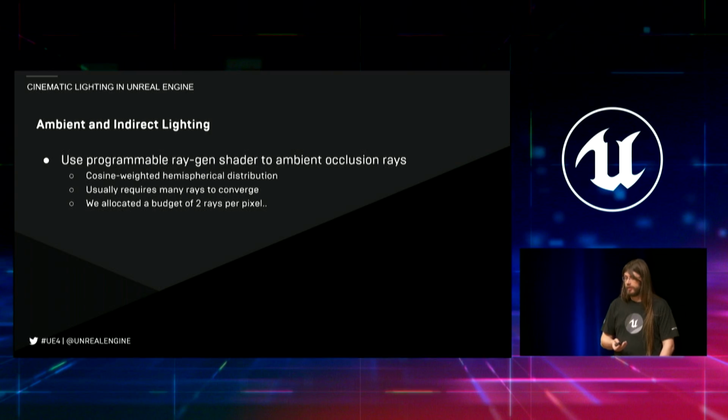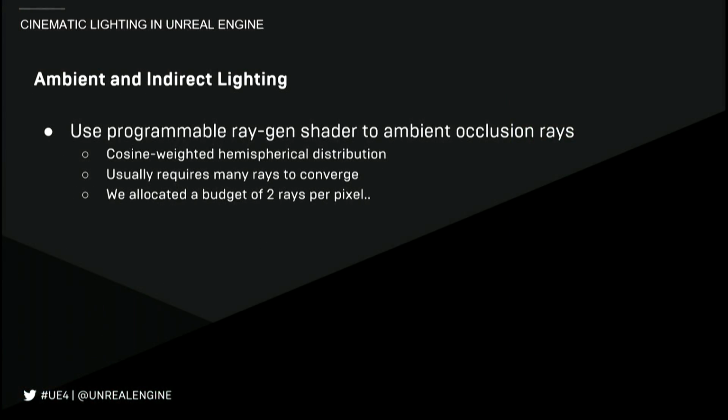So to do this, we can use the programmable ray gen shader to generate the occlusion rays. This lets you control your randomization function and find something that works. We have a cosine-weighted hemispherical distribution, and it usually requires quite a few rays to converge. We found in testing that if you had about 16 rays per pixel, you got a nice result.